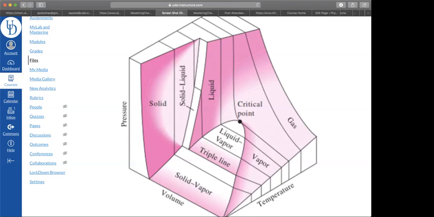When you look at a pressure-temperature phase diagram, you're looking at the surface from this direction, so all you see is pressure and temperature. You don't see some of the more nuanced features, but you get a basic idea of the solid, liquid, and vapor phases and their coexistence regimes, the lines or curves. Take a look at it, think about it, and we'll revisit this later.